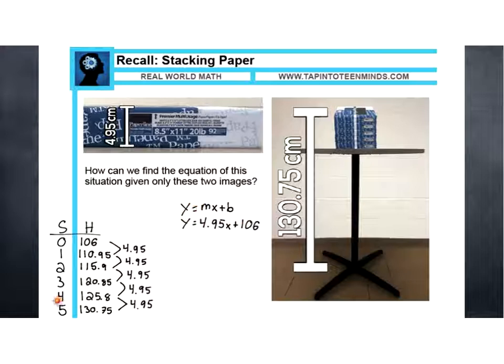And in this case, this student recognized that there are 5 stacks of paper, and the height was 130.75, which ultimately is a point. That was something that really struck me as very interesting in this particular solution. And then he simply subtracted.